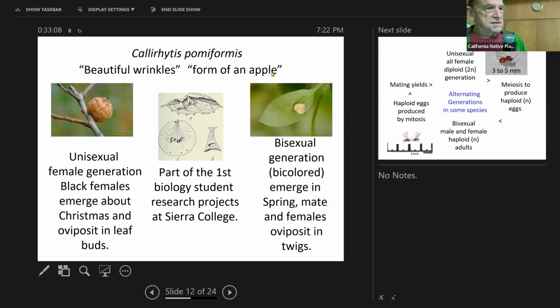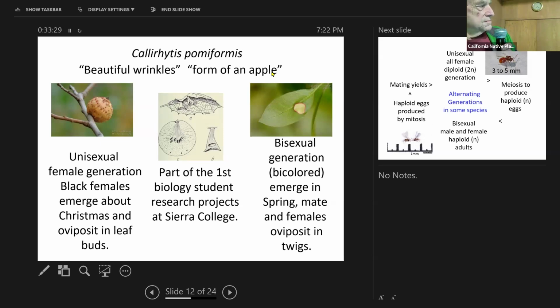And so the females lay their eggs on the underside of the little leaflets in the buds. And later on in the spring, if you walk around and look in the live oaks on the underside of the leaves and look up, there's little sort of toadstool things with a red rim on them, and the rest of the gall is sort of a greenish color.